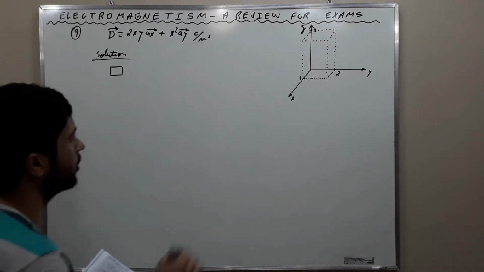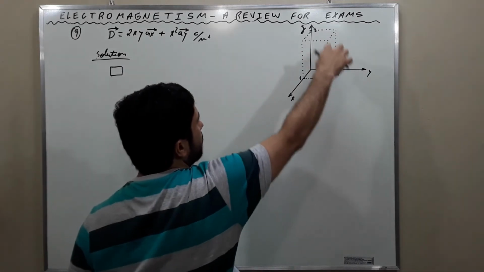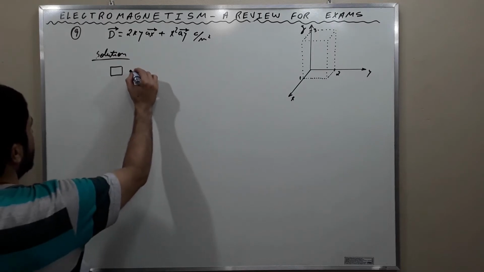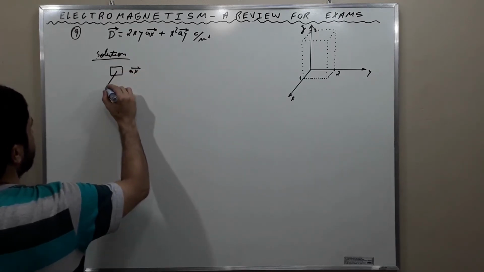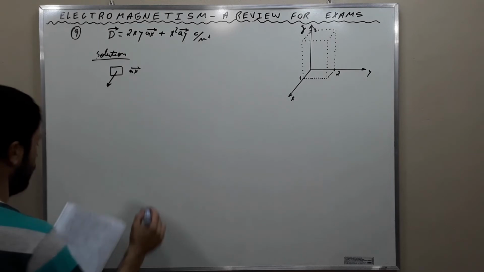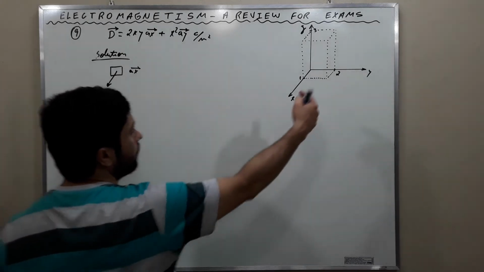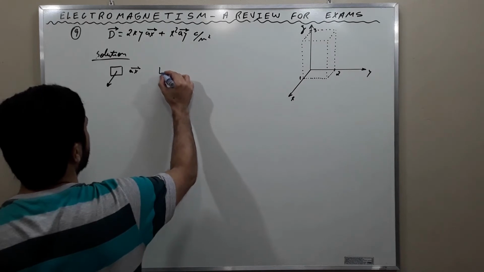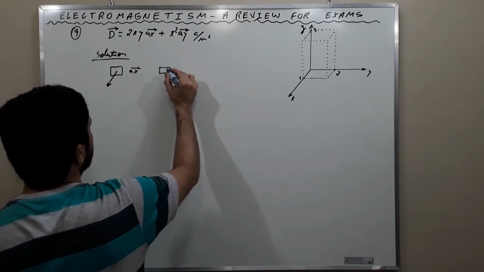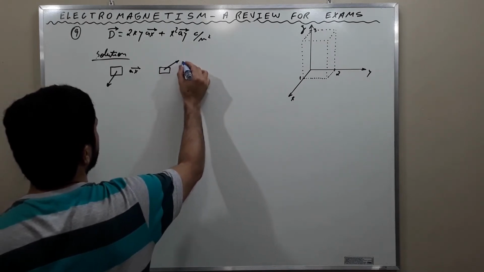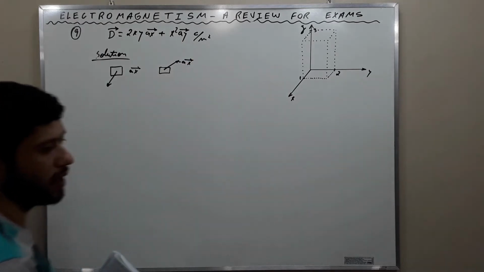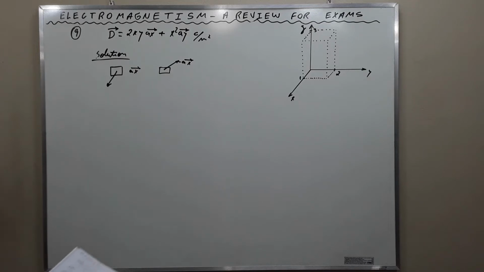We have the front here in the ax direction. We have the back in the negative ax direction.